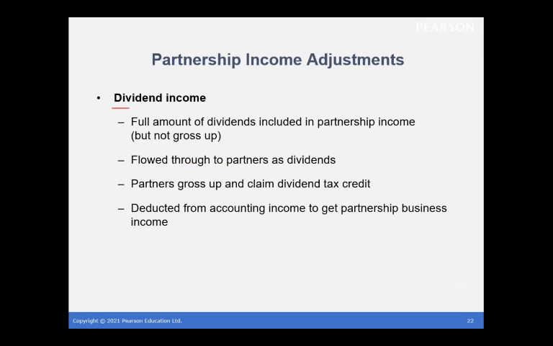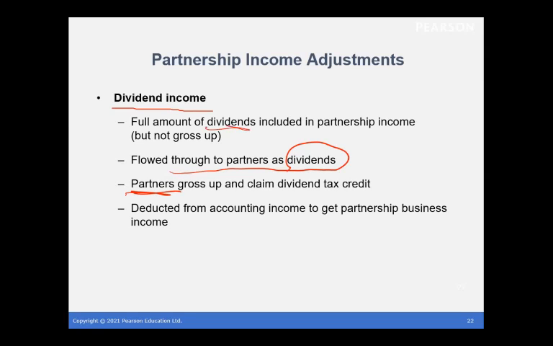Now, dividend income. So the full amount of the dividends is included in partnership income. So we don't gross up that income at the partnership level. What happens is it gets flowed through to the partners as dividends. Then the partners are going to do their gross up and tax credit.